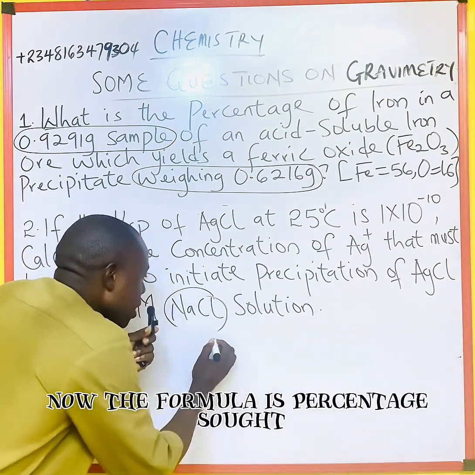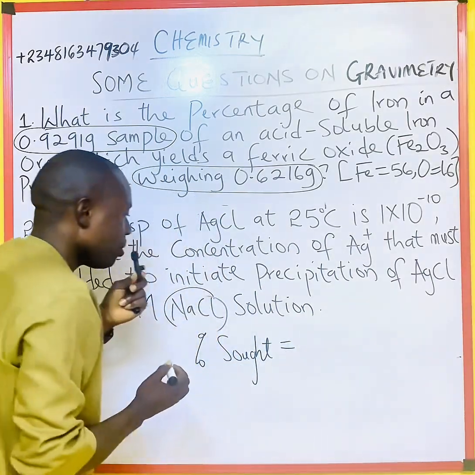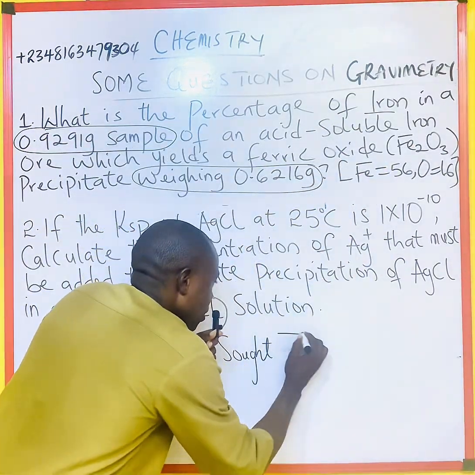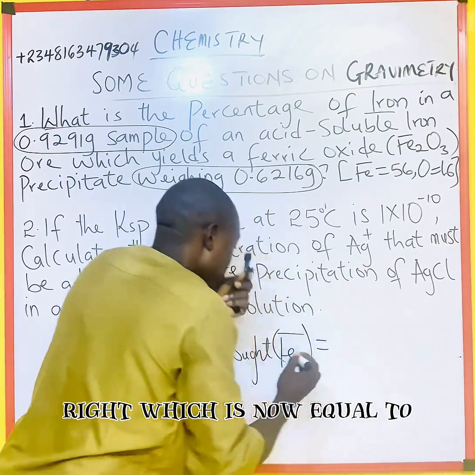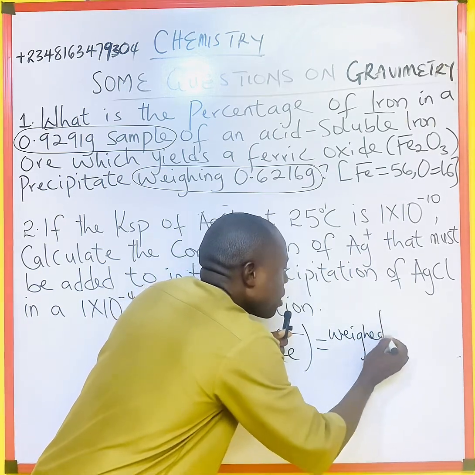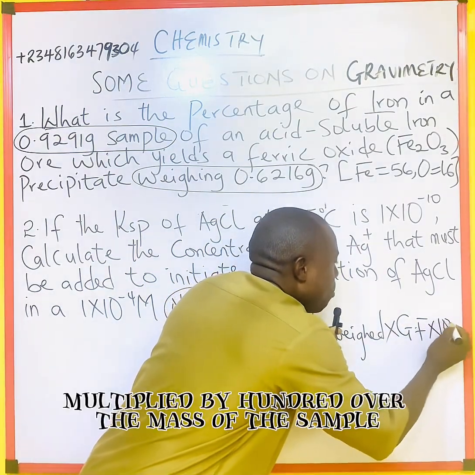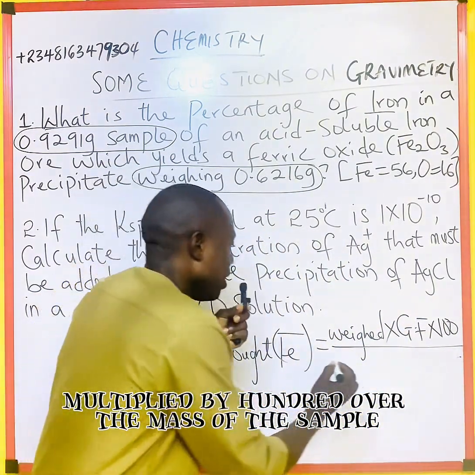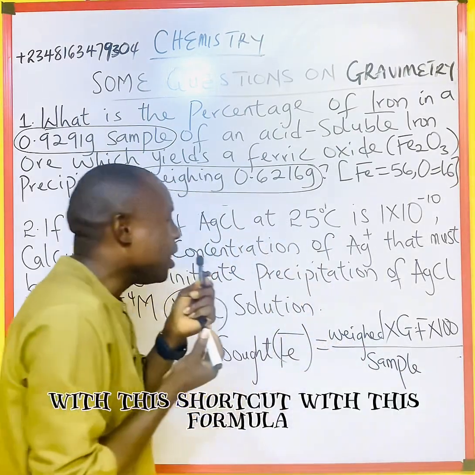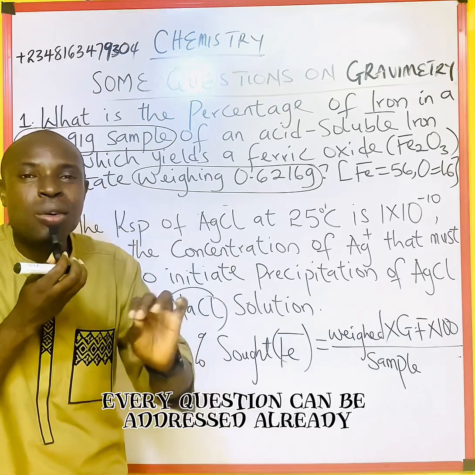Now, the formula is percentage of the substance, which in this case, what you are looking for is iron, equals the mass of the weighed substance multiplied by the gravimetric factor multiplied by 100 over the mass of the sample. With this shortcut, with this formula, every question can be addressed.